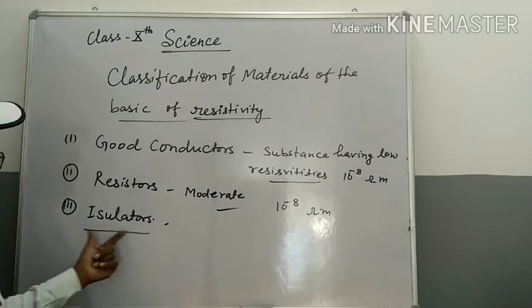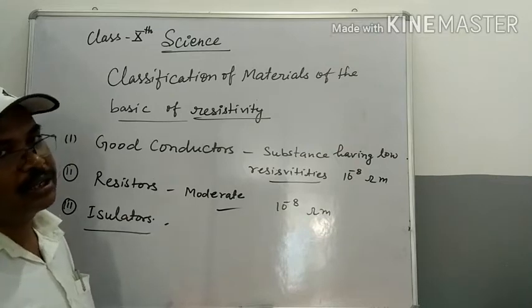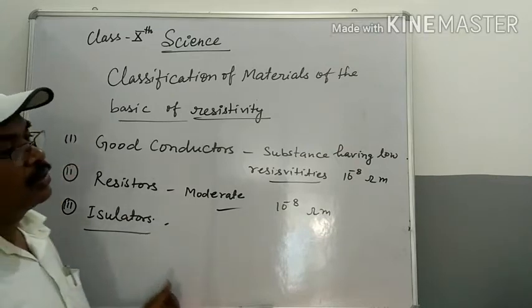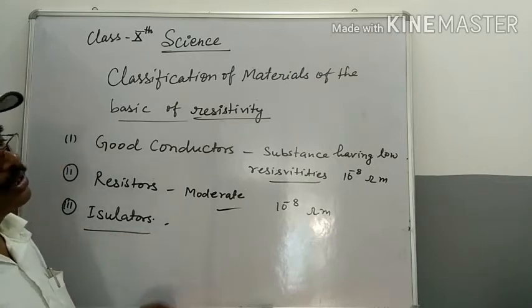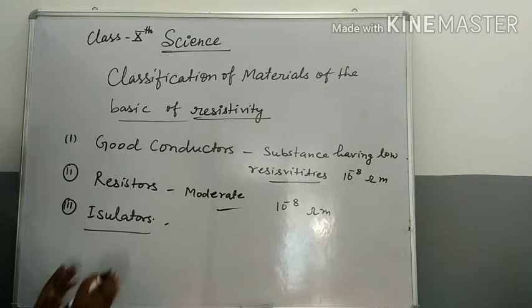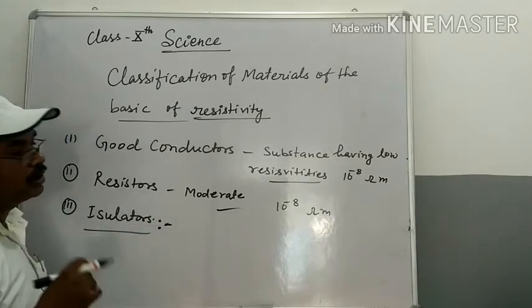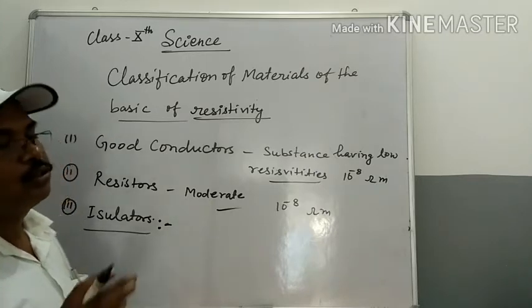Now the third one, insulator. Insulator means, students, in Hindi, कुचालक या अचालक. It means the substance which does not easily allow electricity to pass through it.